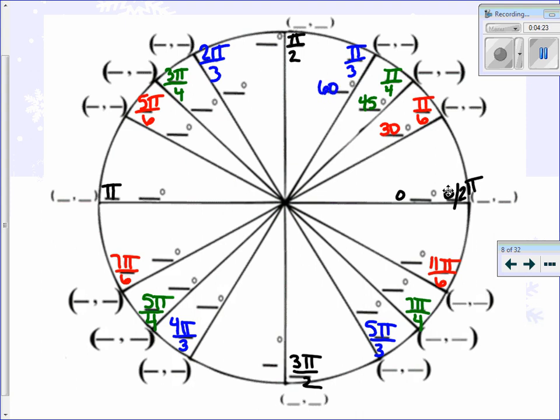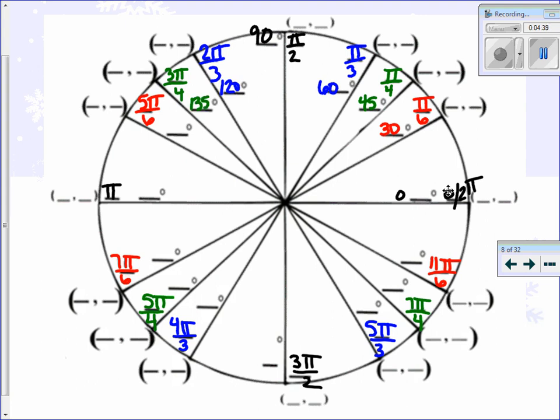Big gap, we add 30, so that's 90 at the top. Big gap again, we add 30, so that's 120. Little gap, we add 15, so 135.